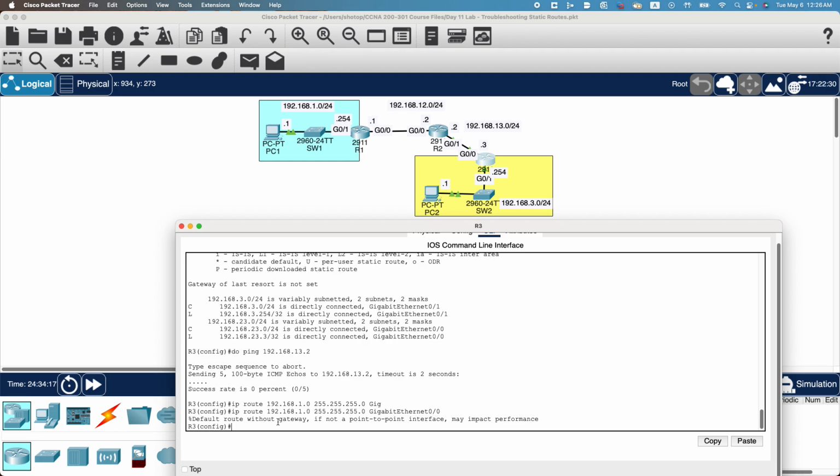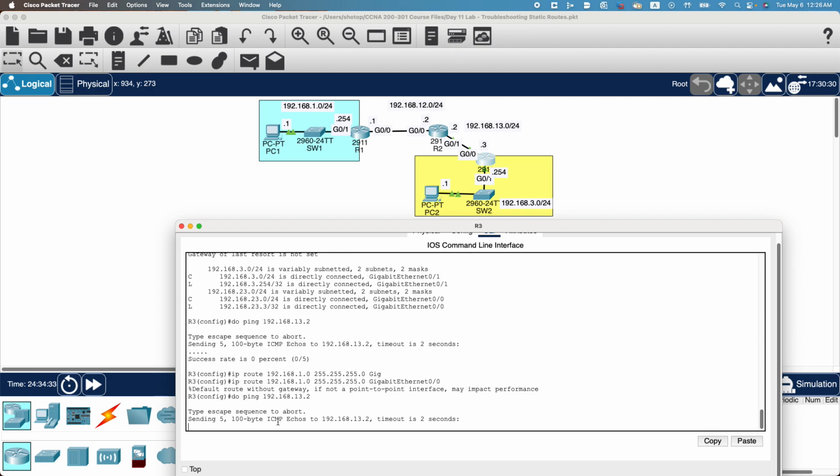Default route without gateway, if not a point-to-point interface, may impact performance. Interesting. Well, okay. Now can you ping 13.2? No.